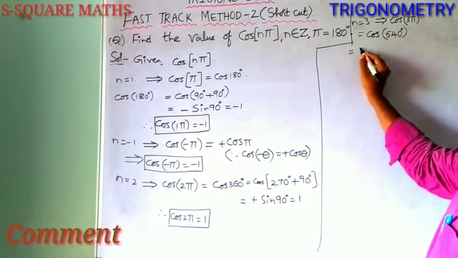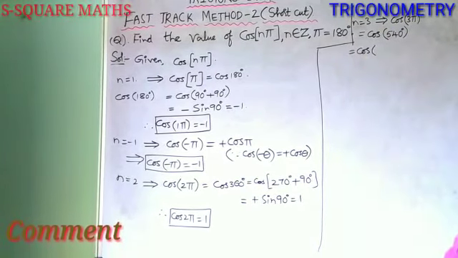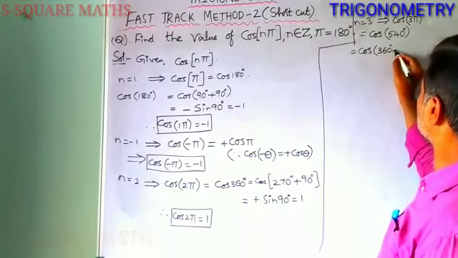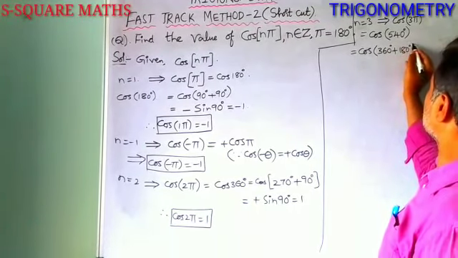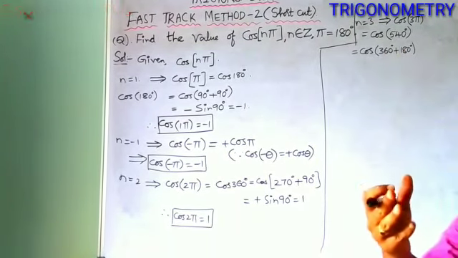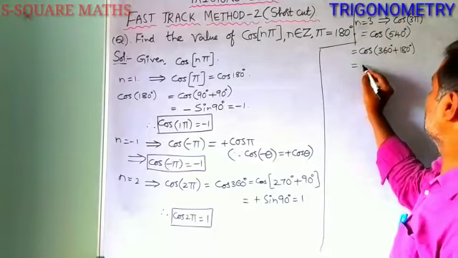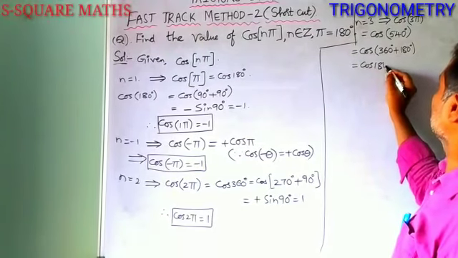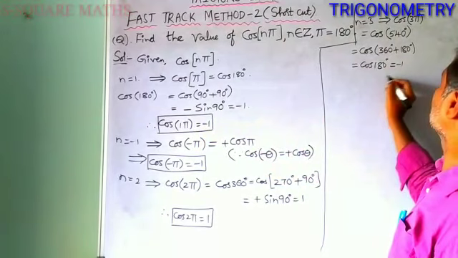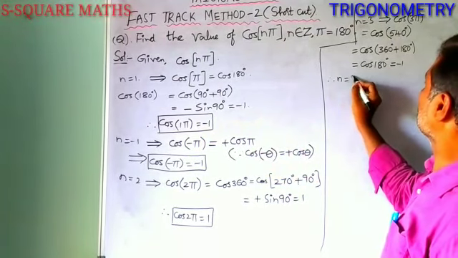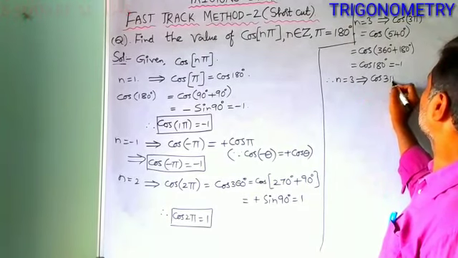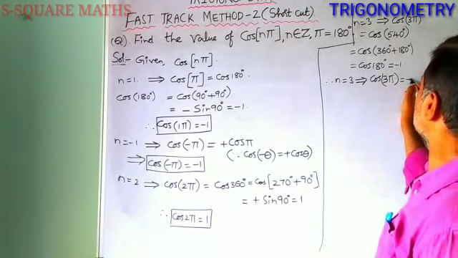Now this 540 can be written as cos of 360 degrees plus 180 degrees. Since it is 360 plus 180, one revolution will be completed. So it reduces again to cos 180 degrees, and already we have done it is minus 1. So for n is equal to 3, cos 3 pi is minus 1.